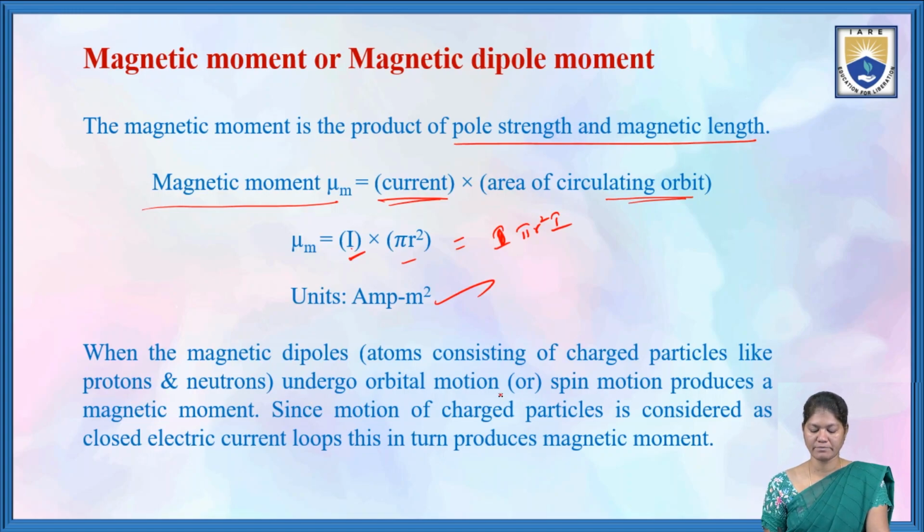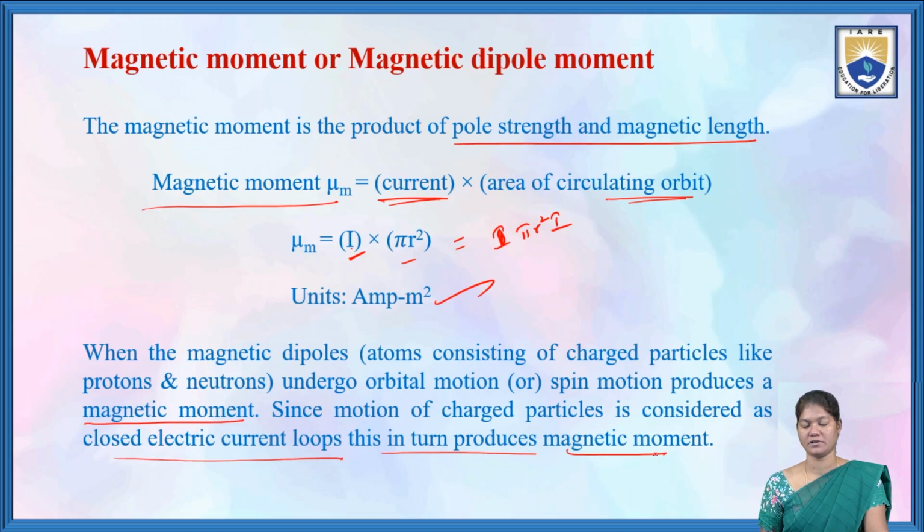When the magnetic dipoles undergo orbital motion or spin motion, they produce a magnetic moment. Since the motion of charged particles is considered as closed electric current loops, this in turn produces a magnetic moment. Here we can take atoms consisting of charged particles like protons and electrons. When they undergo some type of motion, that is orbital motion or spin motion, they produce magnetic moments.